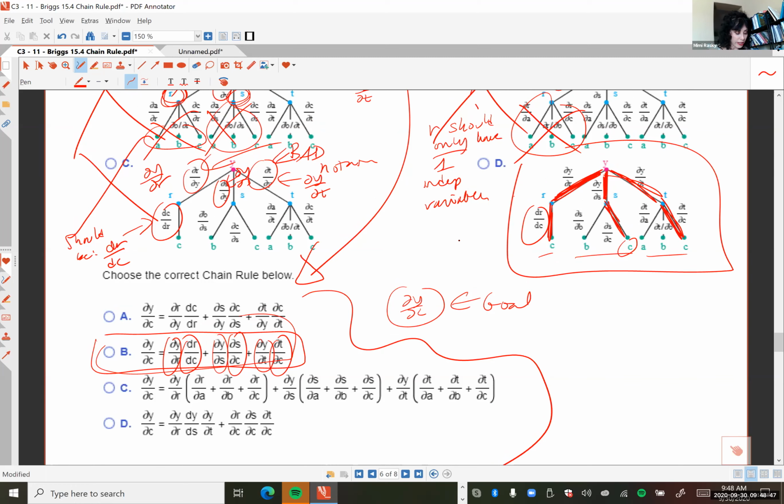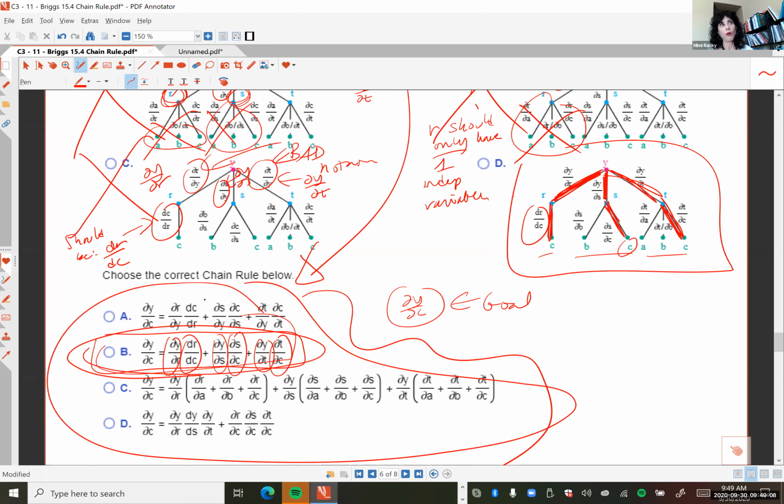But I do want to see formulas, and so if you're still not clear on the formula, I encourage you to draw the tree in order to make sure you have a good formula. I don't know if that answers your question or not, but if you looked at all these formulas and you went, oh my God, I have no idea, then that's when I suggest you draw a tree.